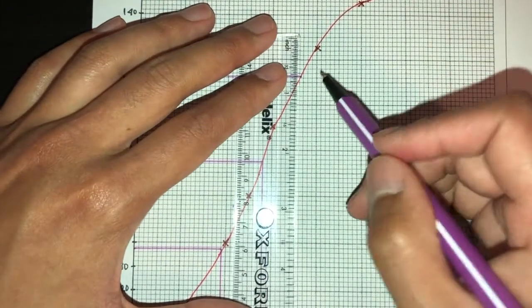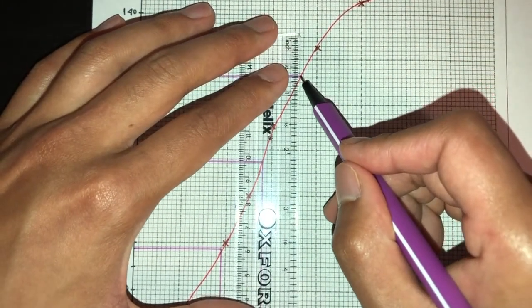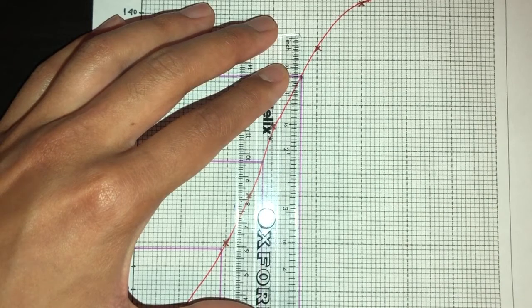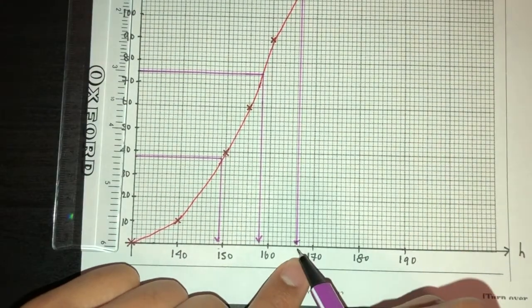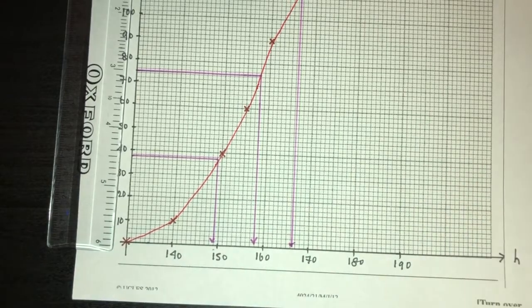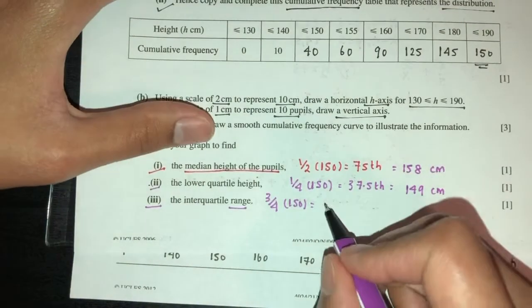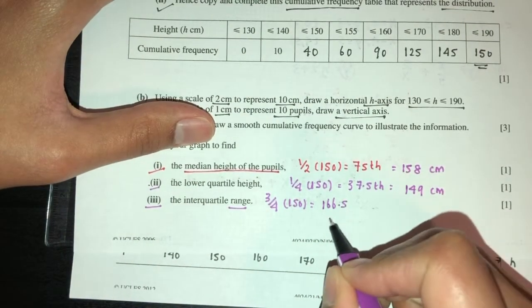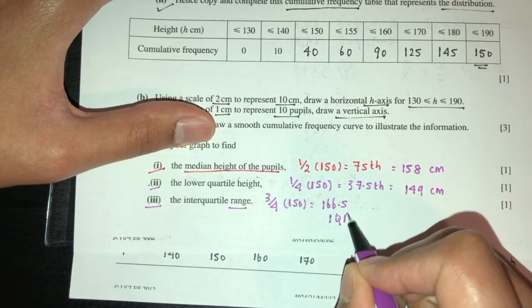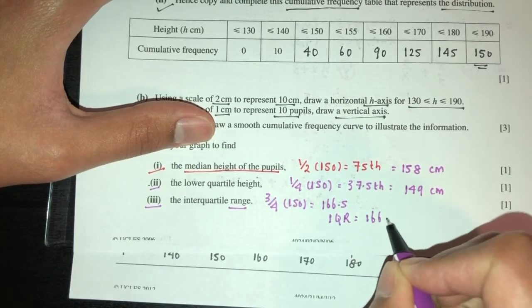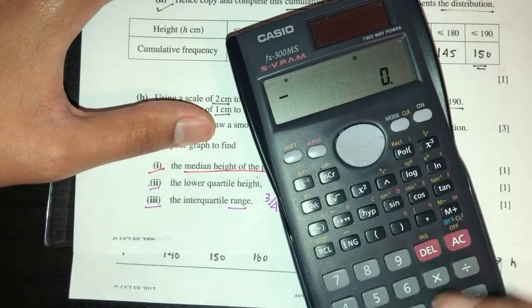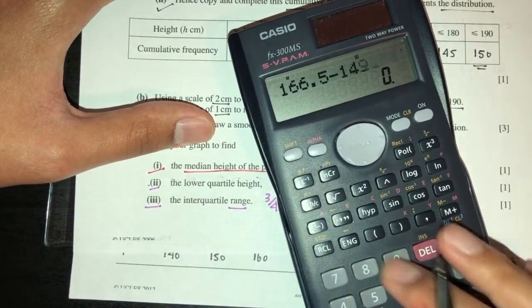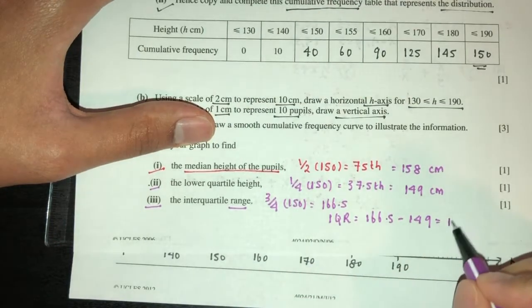According to my curve, it shows to be about 166.5. So my range is 166.5 minus 149. That should be 17.5.